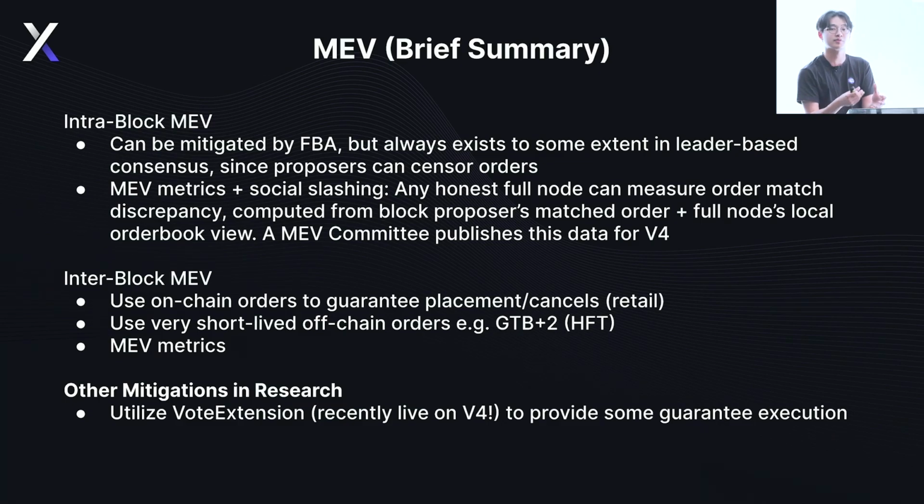So primarily this problem is limited to high-frequency traders and market makers, and even then they can use on-chain orders if they want some guarantee on their order placements. Even when they use short-term orders, typically what happens is that they would place very aggressive short-term orders that expire within the next few blocks, so you limit the downside of the MEV on your order. Essentially, you're just writing an option and you put it on the book for the next 2 seconds.